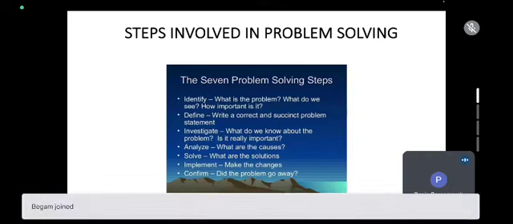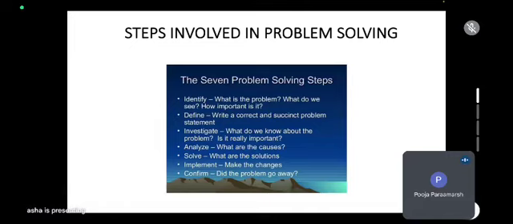So when we talk about the steps of solving it, the first step is to identify what is the problem and what do we see. What is the problem? That means we engage in problem solving when we need to answer a question, overcome an obstacle, or achieve a goal.